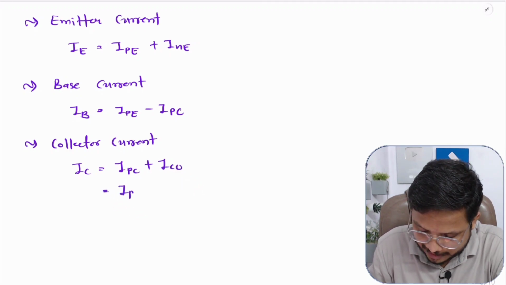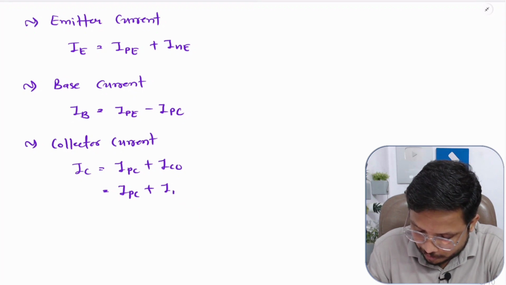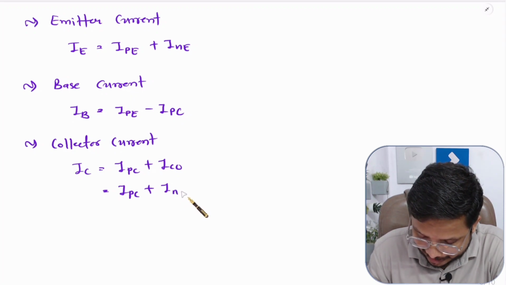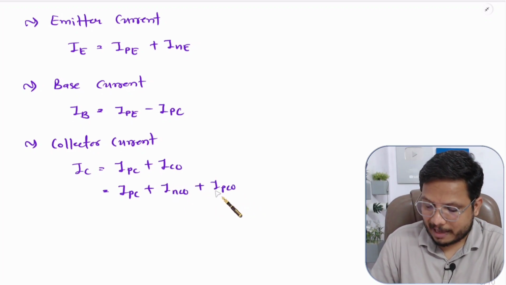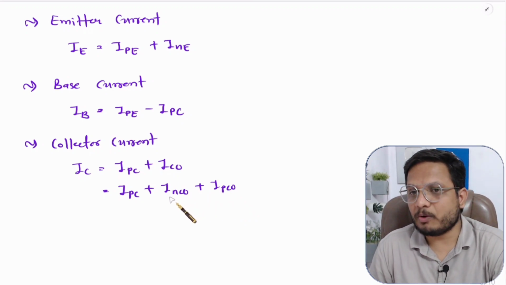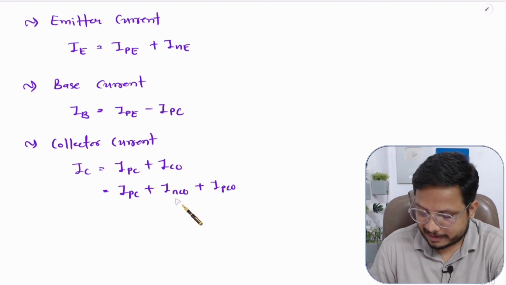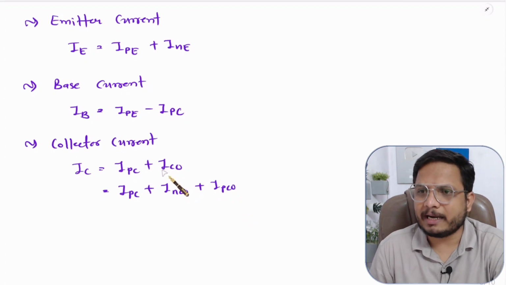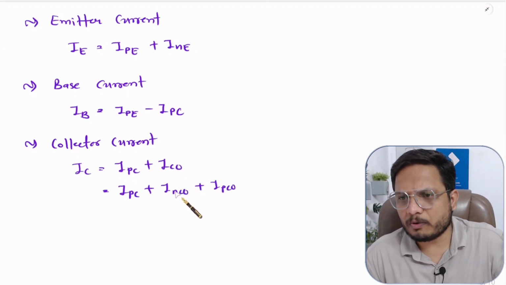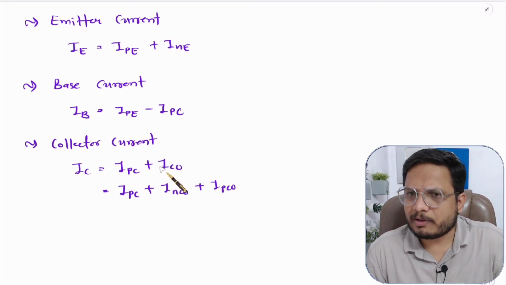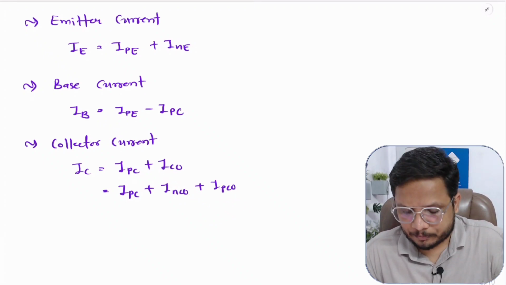Here, as I have told you, ICO is made up of ICO due to electrons, that is INCO, and ICO due to holes, that is IPCO. Usually the IPCO value is greater compared to INCO, right? That is how things are. Usually we write it as ICO, a combination of these two, right? We don't write these two separately. You will be writing this alone, right?